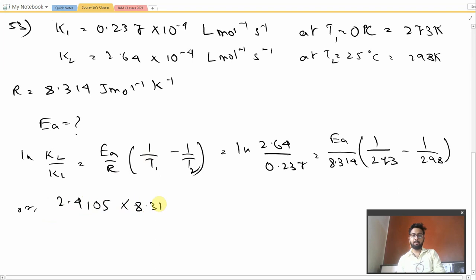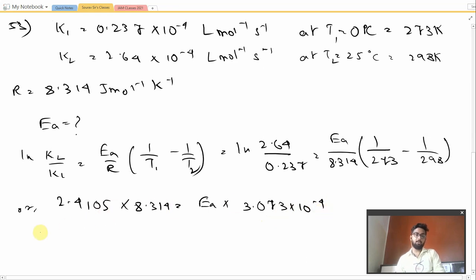So 8.314 into 2.4105 is equal to EA into this value we just calculated, 1 divided by 273 minus 1 divided by 298. This value comes out to be 3.073 into 10 to the power minus 4.